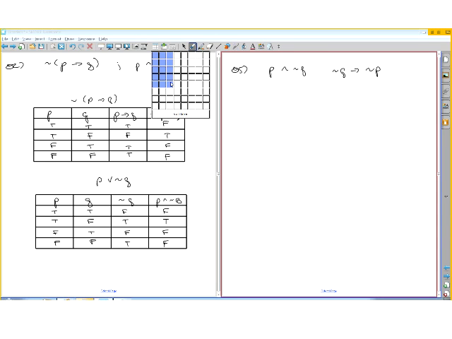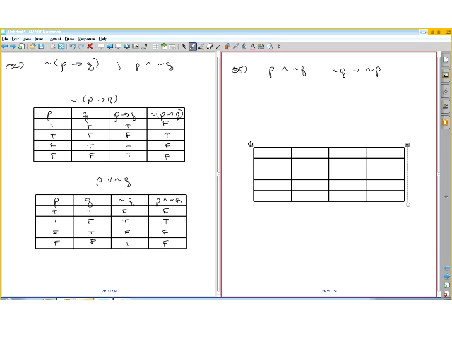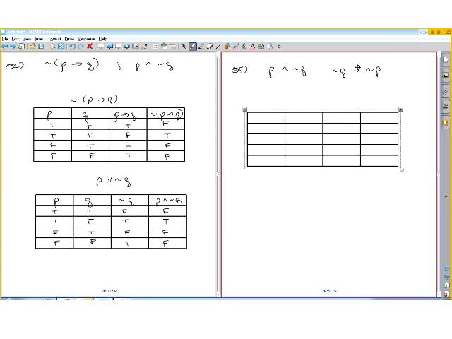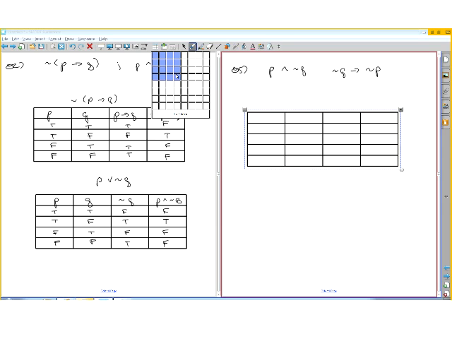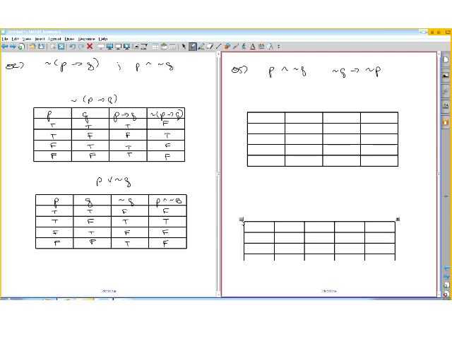The first one we have 4 rows, and this one we need 5 rows. So we need 5 each for the second one.